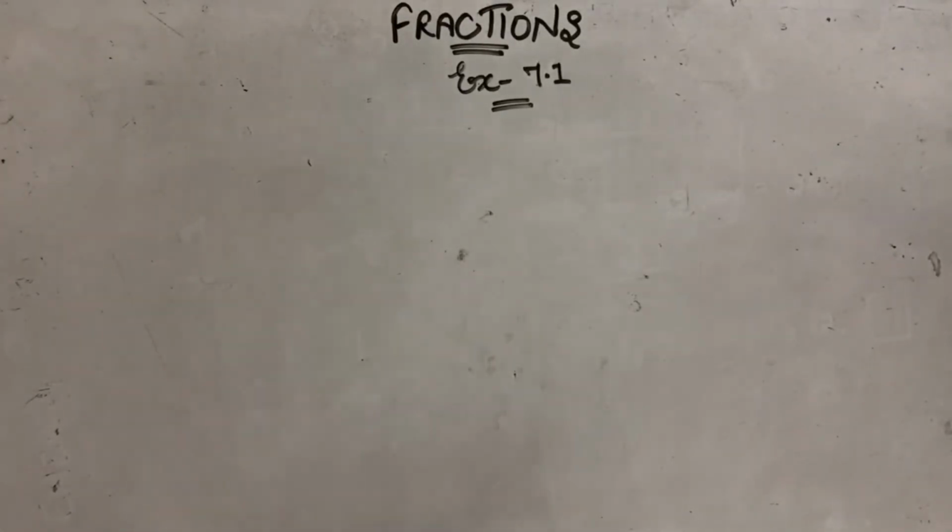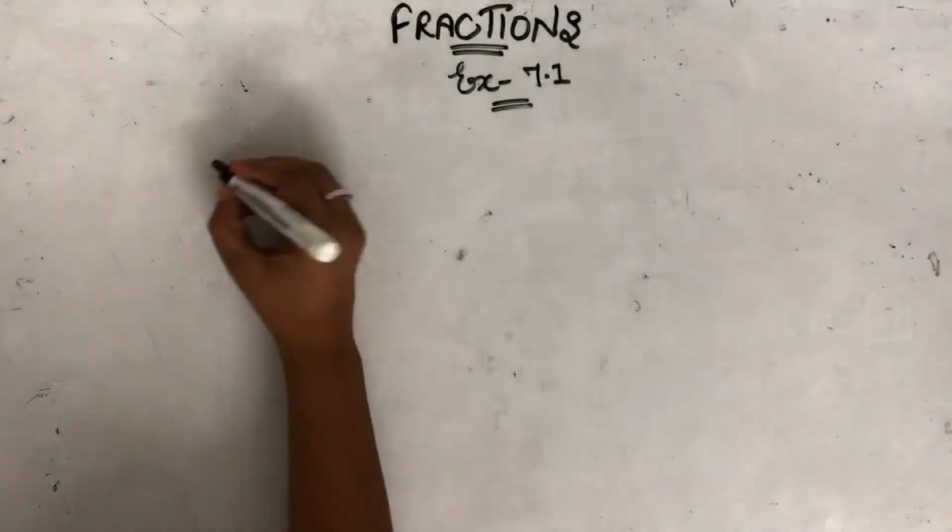11th question. Dinesh, Sumit, Ram, Joy, Marshall, Imran, Jayant, Babu, Kabir and Rohan decided to play basketball. The first 5 boys are in the first team and the rest are in the second team. So what fraction of the boys is in the first team? So first you have to find out the total number of boys.